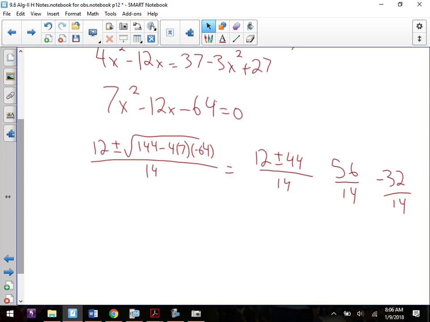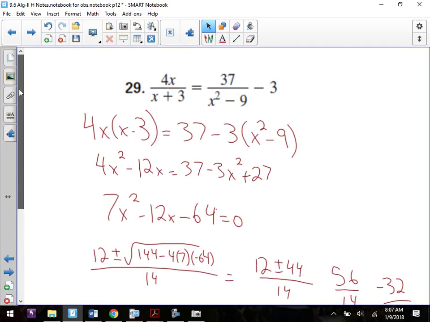So it's 4 or negative 16 over 7. There you go. And either one of those should be okay.